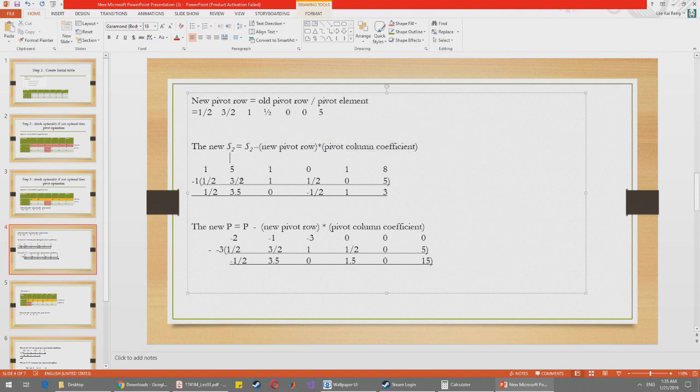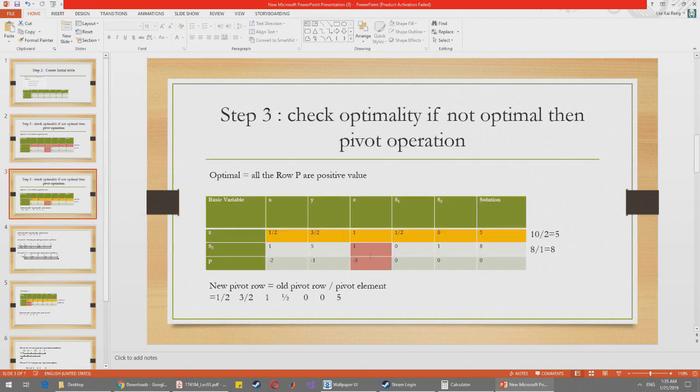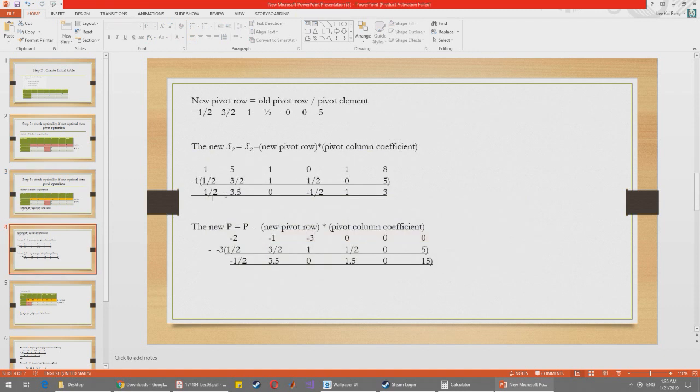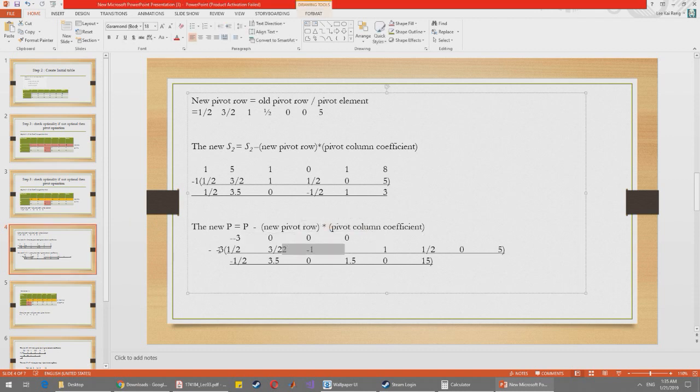This is the s2 row, so we use the s2 row minus the pivot column. The pivot column value is 1, multiplied by the new pivot row, and this will be the answer. Also for row p, we use row p minus the pivot column.